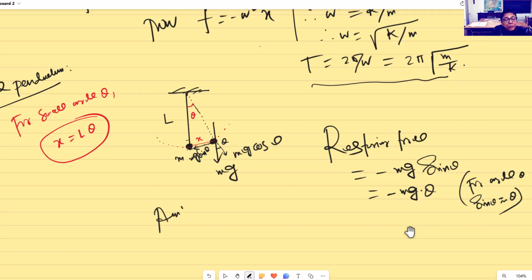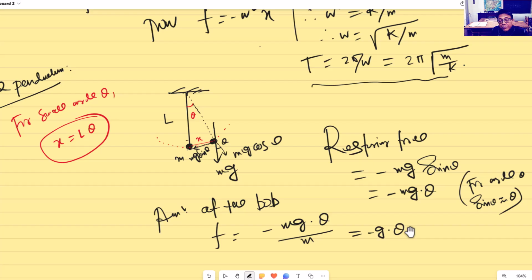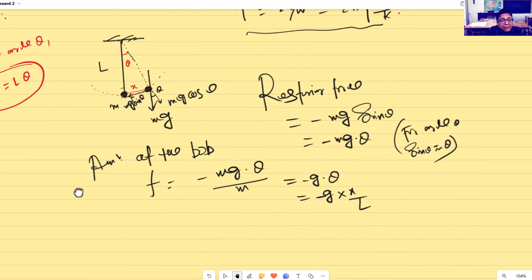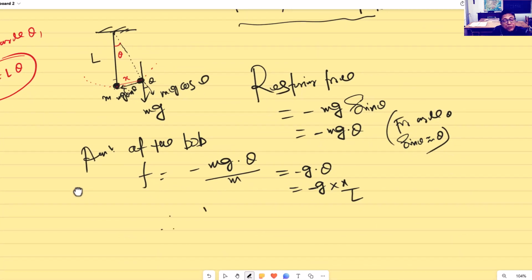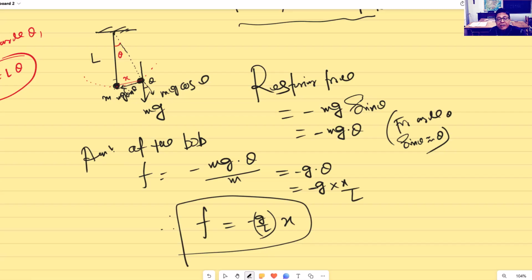Acceleration of the bob, F, will be what? Minus mg theta by m, that is minus g theta, which is minus g into x by L. So F will be minus g by L into x.